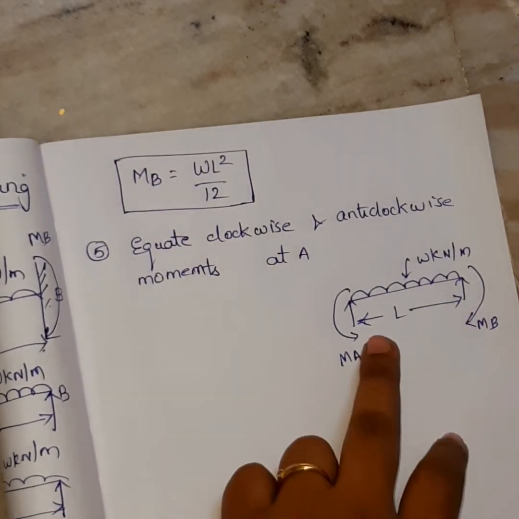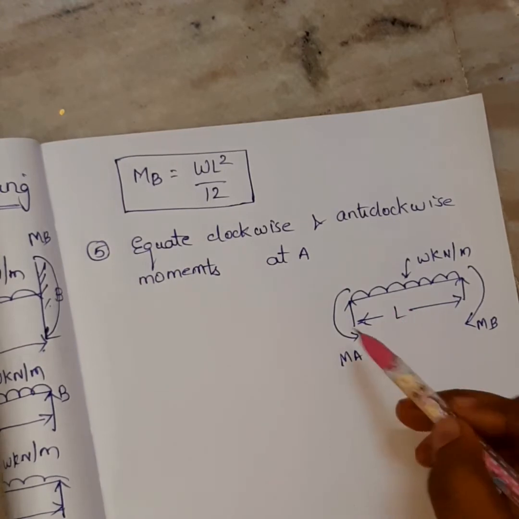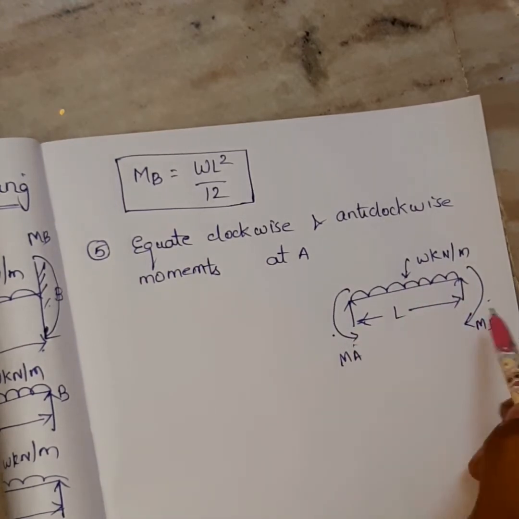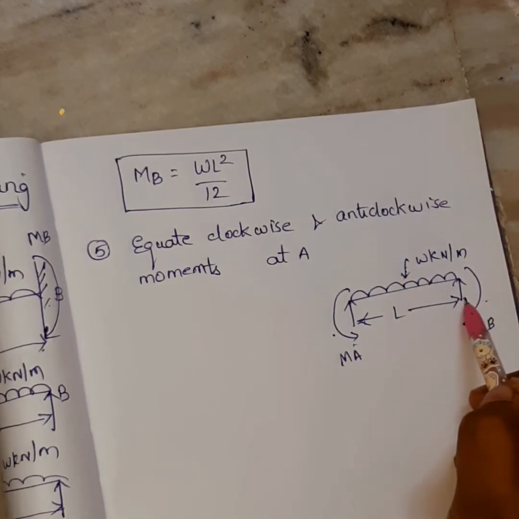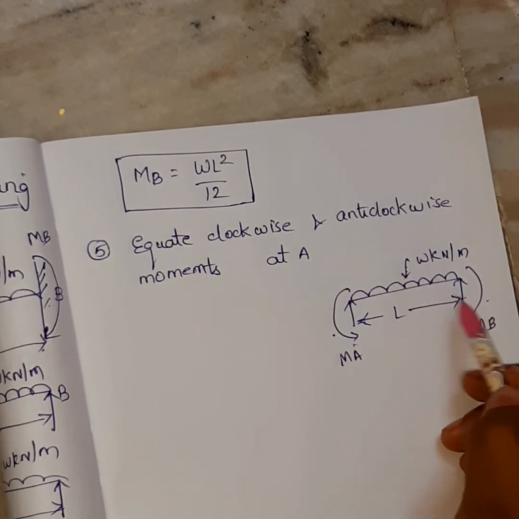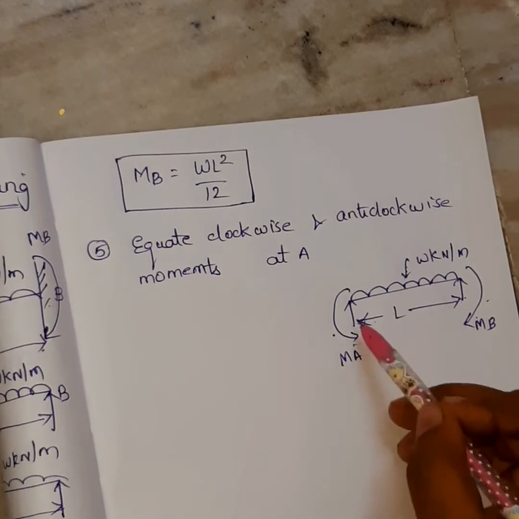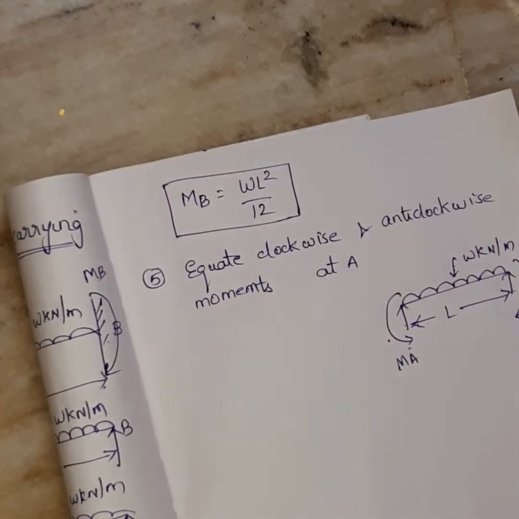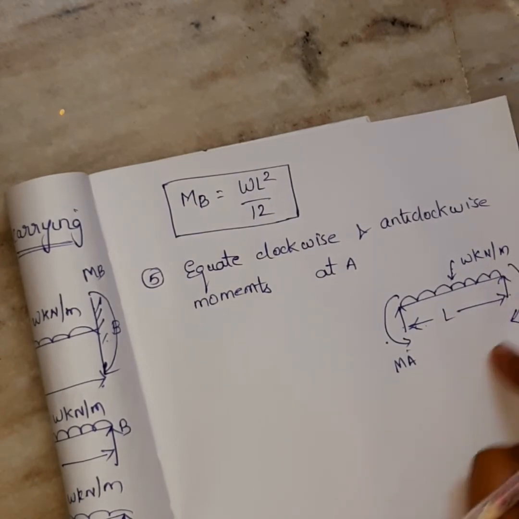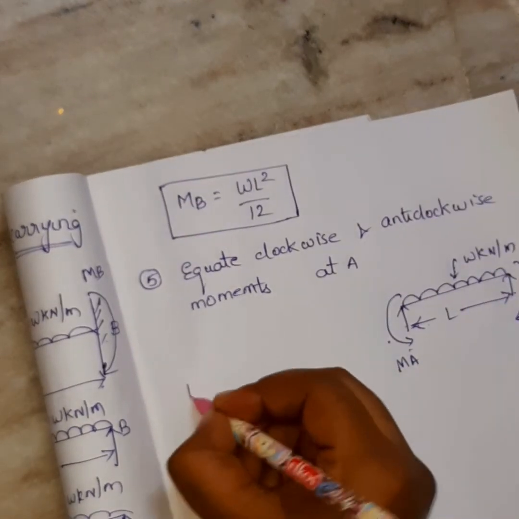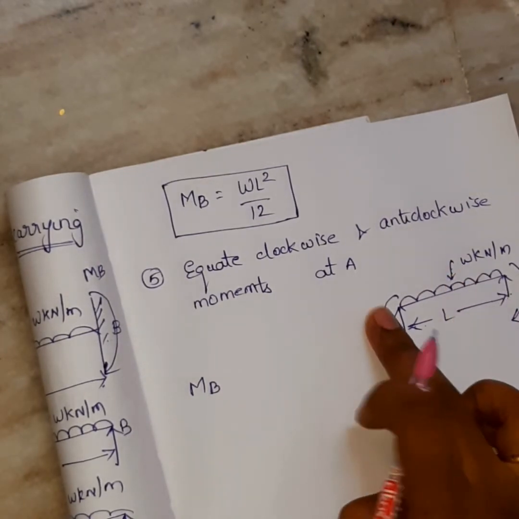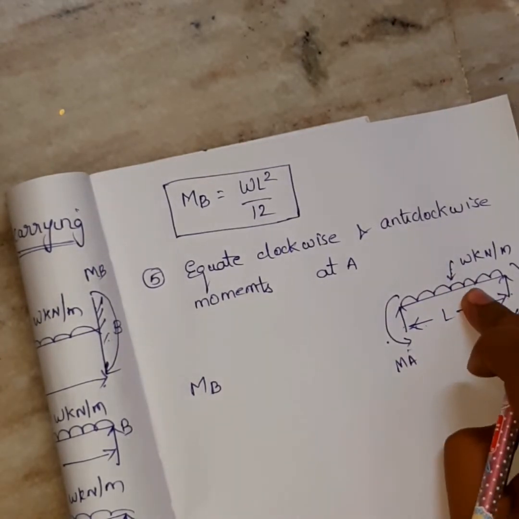What are those? 1, 2, 3, 4: the moment at A, MB value, the load, and the RB value. What is a moment? Force into distance, so RB into L. So I am calculating the moment at A. I said clockwise and anti-clockwise. This is my clockwise: MB, and the load is also acting clockwise towards A. What is the moment for UDL?